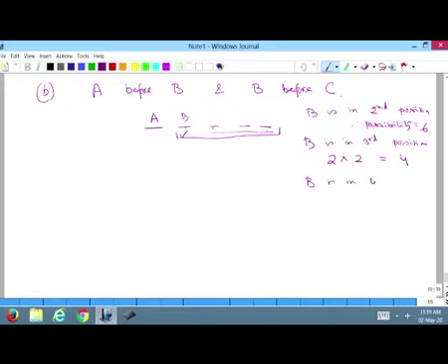B is in fourth position. Therefore, C has only one option of coming in the fifth position. Therefore, out of the remaining 2, you can arrange them in this in 2 ways. Therefore, there are 2 possibilities. This implies 12 possibilities.